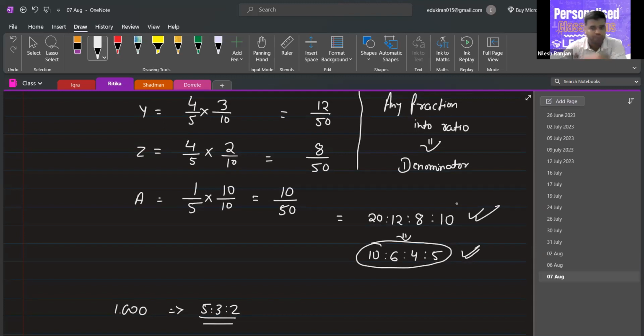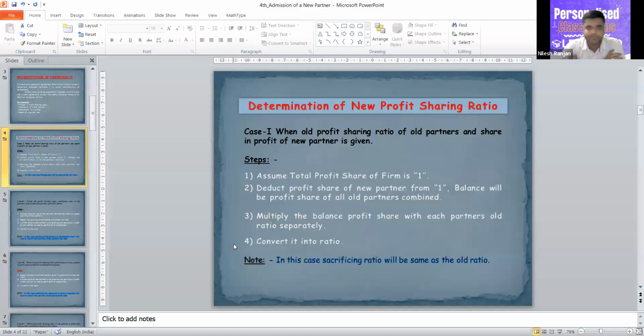So you can see here, these steps are written. Step 1, assume total profit share of the firm is 1. Deduct the profit share of the new partner from 1. The balance will be the profit share of all old partners combined. Multiply the balance profit share with each partner's old ratio separately, and then convert it to ratio.